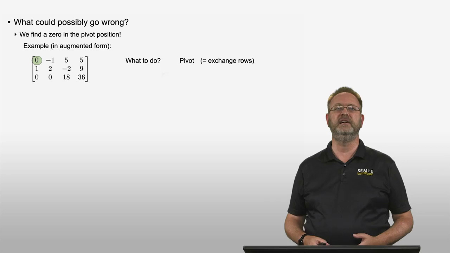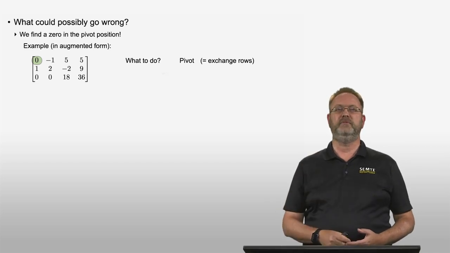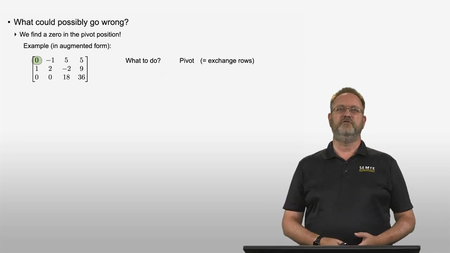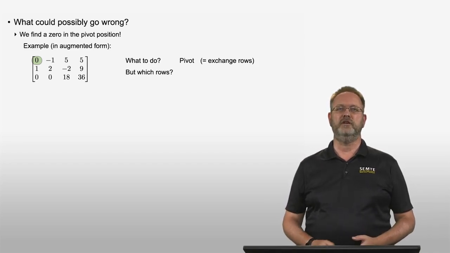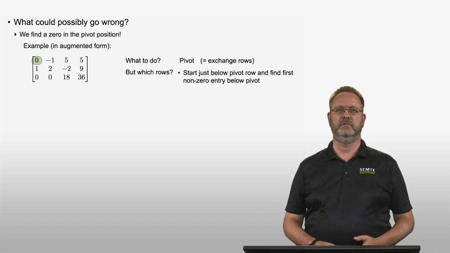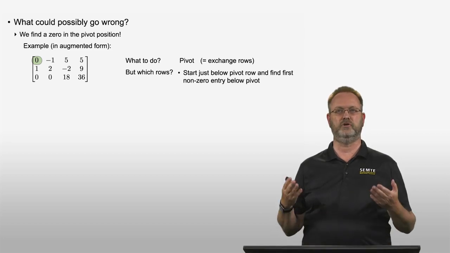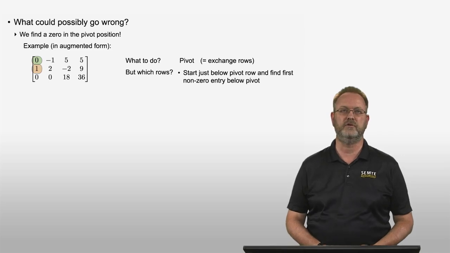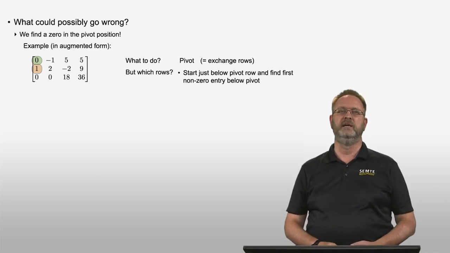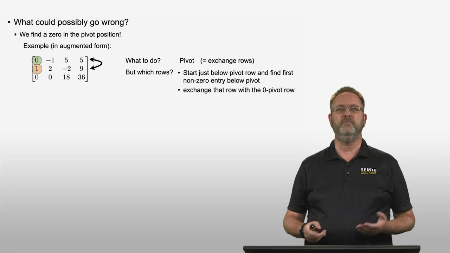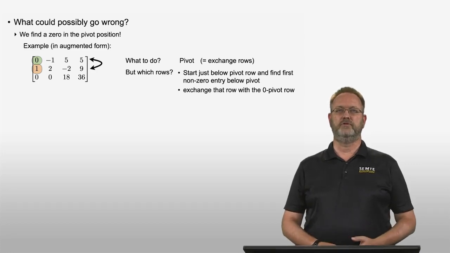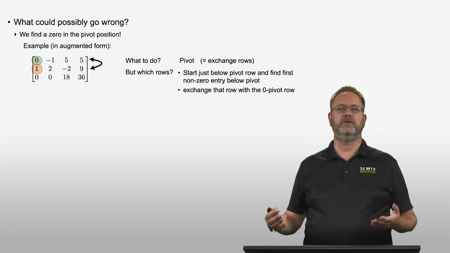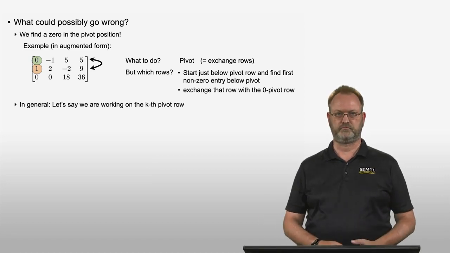In this case, we look at the 0 in the pivot position, and then look below it in the same column to find the first non-zero entry. In this case, this would be the number 1. Then we exchange row 1 with row 2, and that puts a 1 in the pivot position, and then our algorithm could commence.